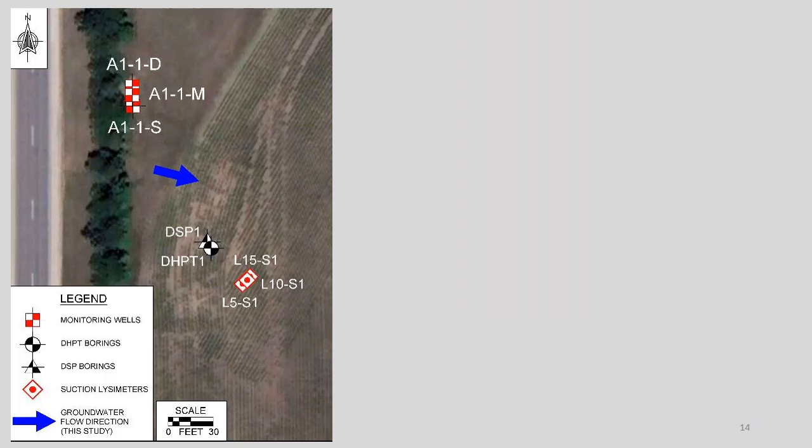So just as an example, this is our site number 1. What we did was we knocked down the crop that was growing, corn, about 70 feet into the irrigated circle. We put in these 3 devices. They're suction lysimeters. They sample water from the unsaturated zone. DHPT1 was the HPT log.